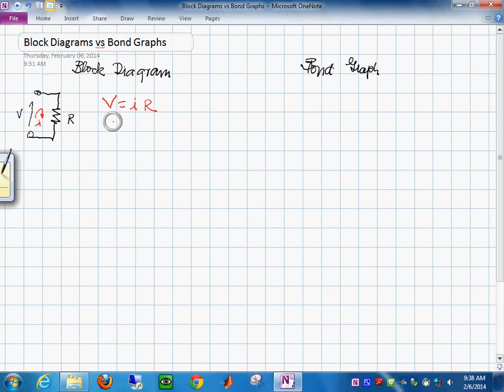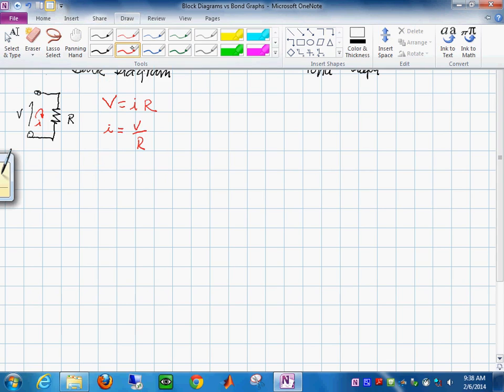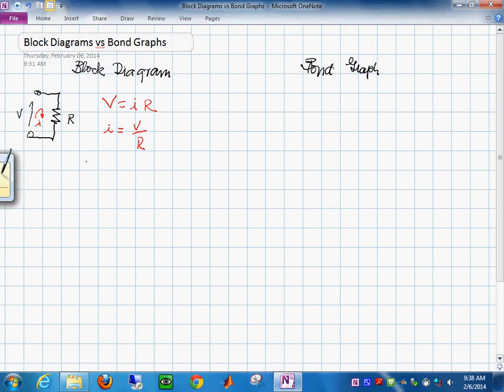As if we have an equation in here, how does the computer compute this? You have to know I to know V, right? Or you could say that I is V divided by R. Nevertheless, whatever is on the left hand side is the result of the computation, right?